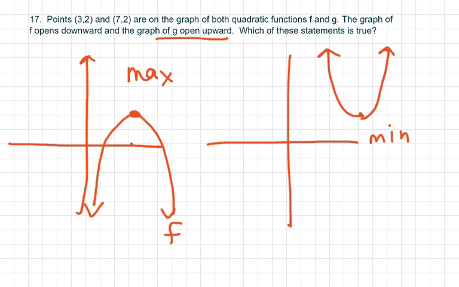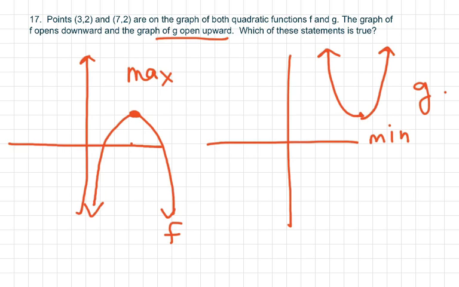Let me find the paper here. So if you do the axis of symmetry, it says it's 1 and 3. So we know that f has a max and g has a min.